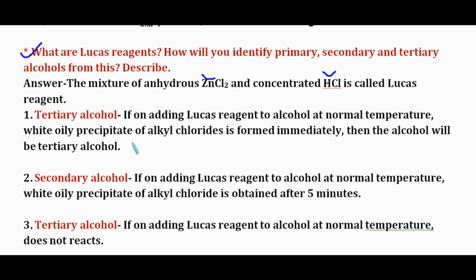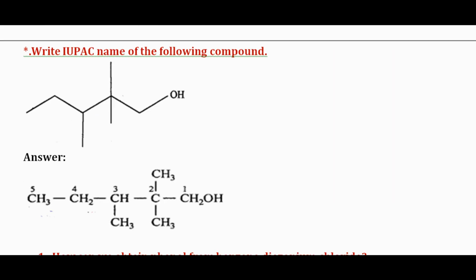In secondary alcohol, the white oily precipitate of alkyl chloride is obtained after 5 minutes. For primary alcohol, on adding Lucas reagent at normal temperature, it does not react.